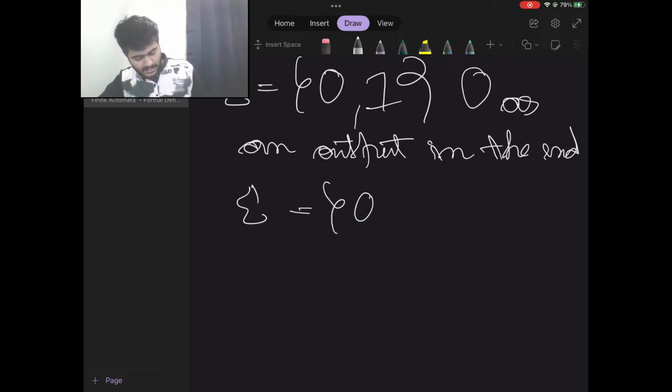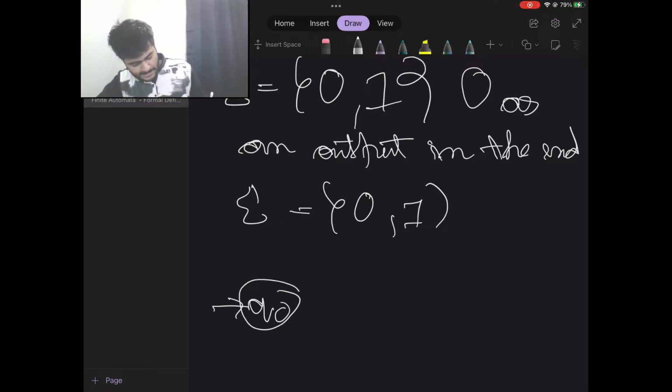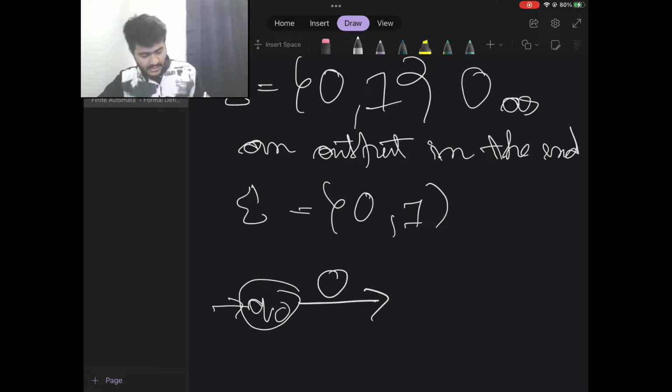So how do we build this as a DFA? Our given inputs are 0 and 1, and first of all we'll build the initial state, which is Q naught. Here we take the input, and we have to take 0 at the end, so we'll build this 0 to Q1.